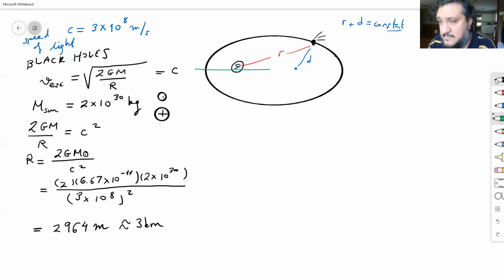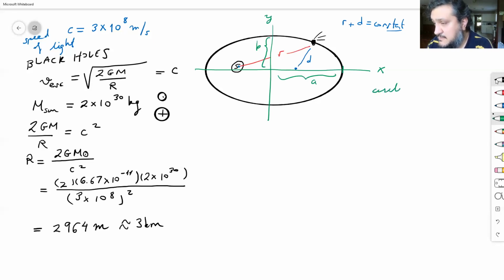So you have the x-axis and y-axis here. This point here is a, and this is b. If this was a circle, then there would be only one r, the radius, so that would be x squared plus y squared equals r squared.